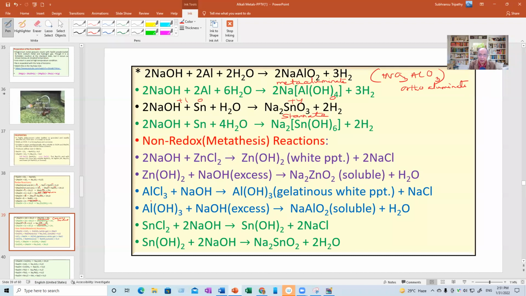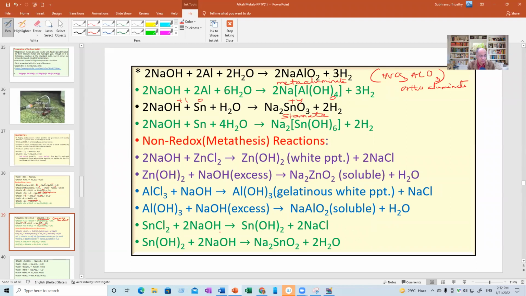Same thing will happen if you take aluminium sulfate or aluminium chloride and add sodium hydroxide slowly. You will find first the gelatinous white precipitate, and then with excess, it will form sodium metaluminate. If you go a little fast, you will not see the gelatinous white precipitate. In order to experience and enjoy the gelatinous white precipitate floating inside, you have to add dropwise. You must have done the experiment in your school.